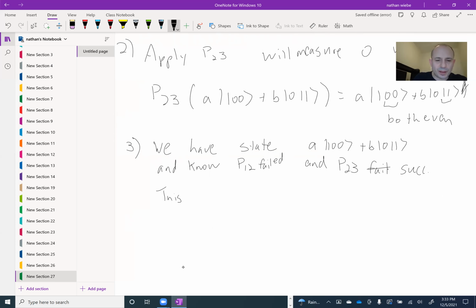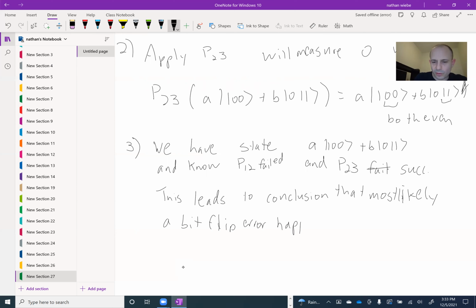This leads to the conclusion that likely a bit-flip error happened on the first qubit.